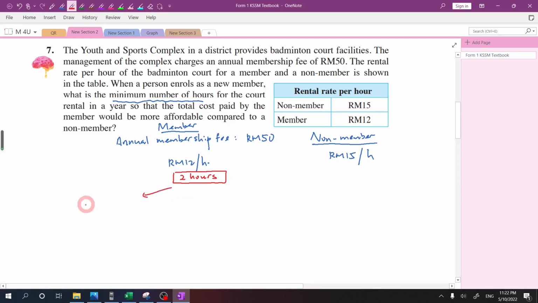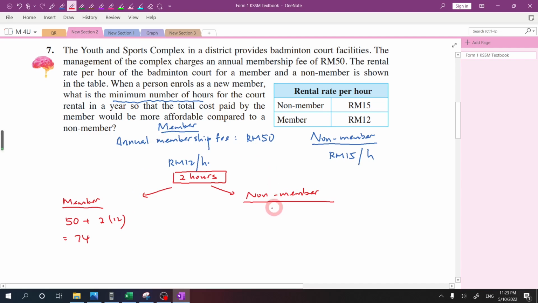Let's say 2 hours for member, non-member. For a member, you need to pay 15 ringgit for the membership, and 2 times 2 hours, 2 times 12. You will get 74. So that means you just need to pay 74 ringgit.